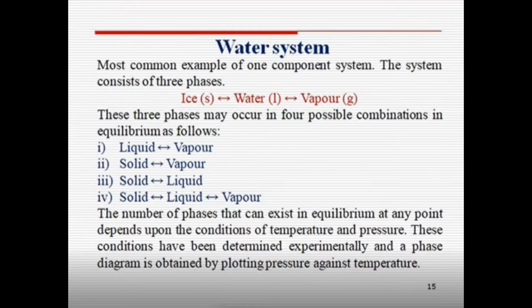That is, all 3 phases can exist together. And we know that the number of phases that can exist in equilibrium at any point depends upon the conditions of temperature and pressure. These conditions have been determined experimentally, and a phase diagram is obtained by plotting pressure against temperature.